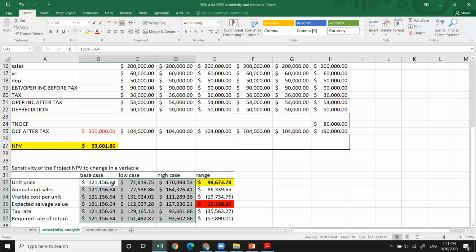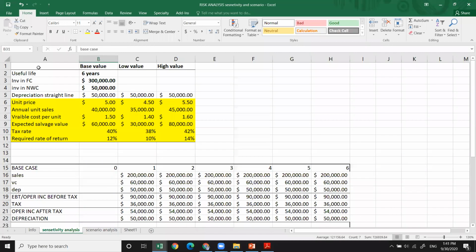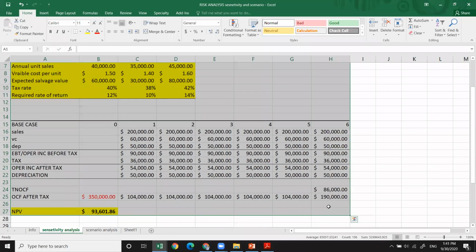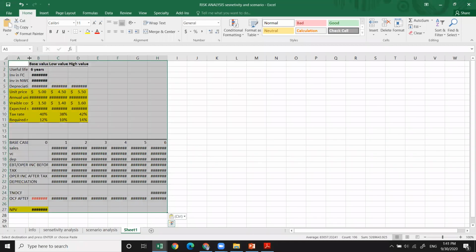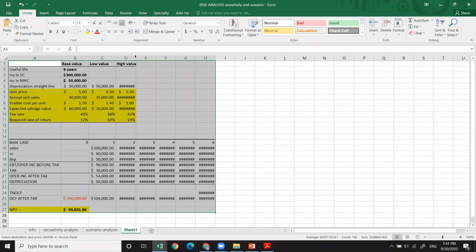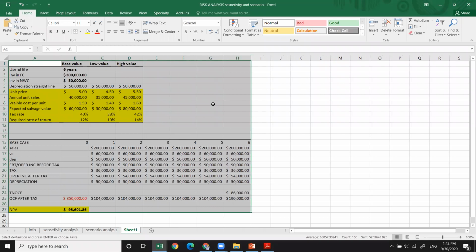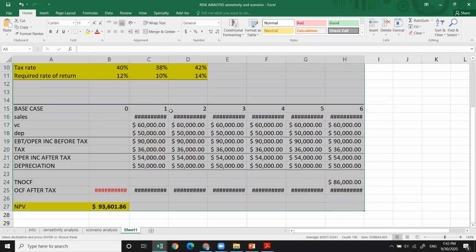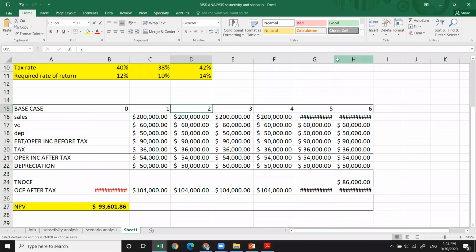Imagine we have the base case as this one. Actually it's calculated here, but let me just make it from the beginning. Okay, imagine this is the base case, like the normal case, nothing changes.